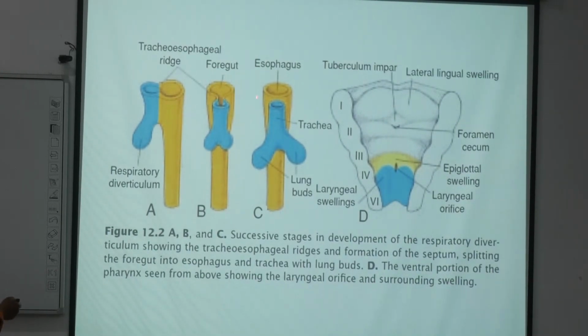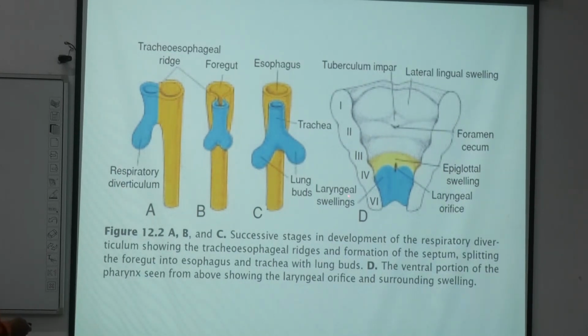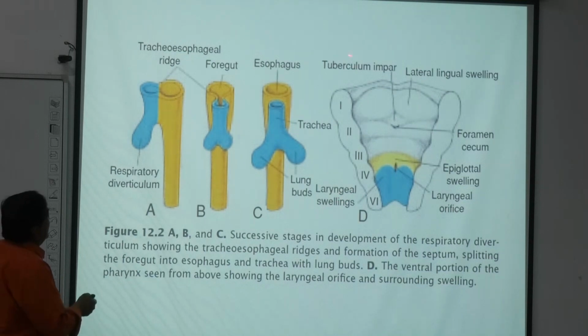You can see these are the ridges, foregut, esophagus. This is the trachea and lung bud, the respiratory diverticulum. And the laryngeal swellings here: tuberculum impar, lateral lingual swelling, foramen cecum, and epiglottal swelling, laryngeal orifice, this is a slit there, and laryngeal swellings are here.